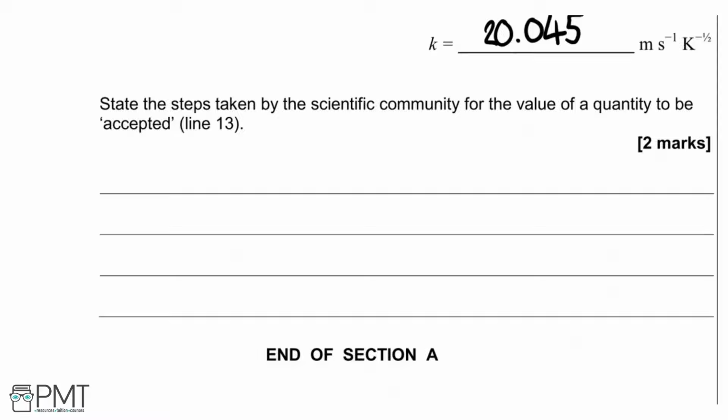What others can then do is publish their values for the same method. If they obtain the same value or a similar value, then that makes your value seem more reliable. If they obtain a completely different value, then it's clear that something's gone wrong and actually your method could be incorrect. So the first point to make, the method and the value are published.